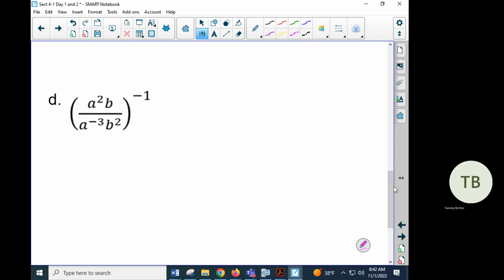Now this last one, if you ever get where the whole thing is to the negative 1 power, what I think is the easiest way to get rid of that -1 is just take the top and bottom and switch it, okay? That will get rid of this -1. So I'm gonna bring the top to the bottom and the bottom to the top.